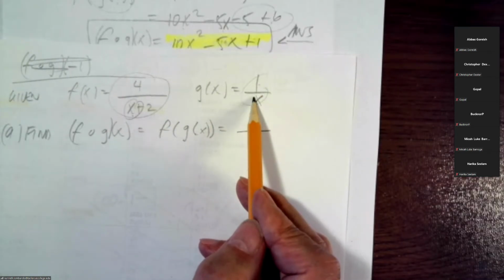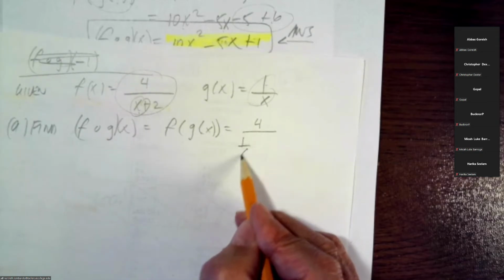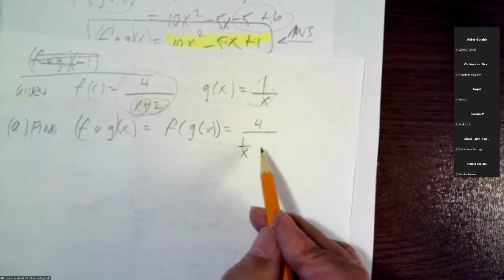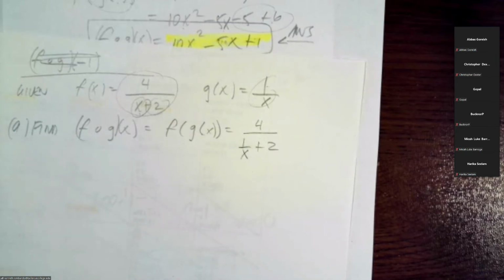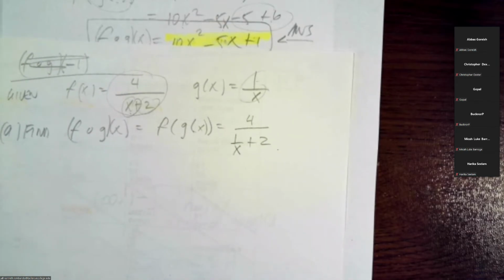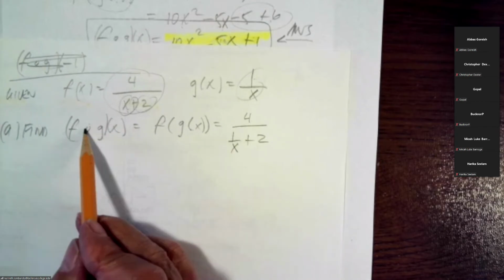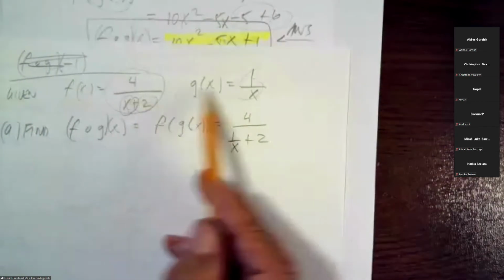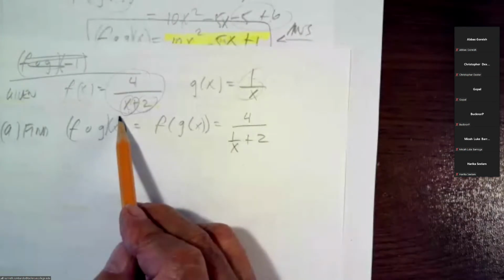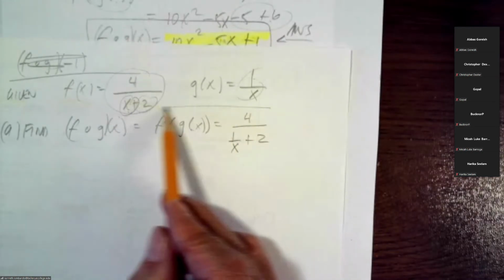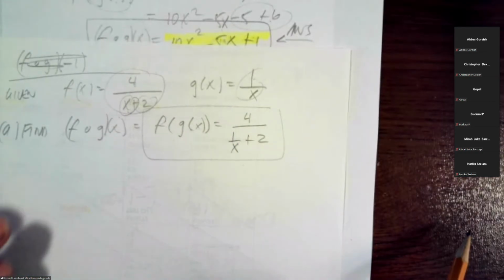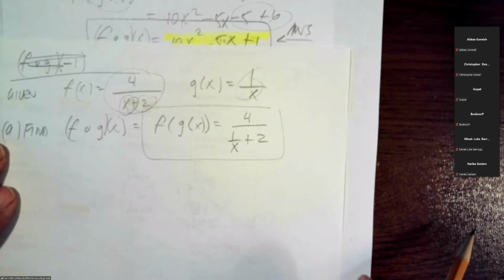And g of x is 1 over x, isn't it? So it's going to be 1 over x plus 2. All right, so that's the new material. That says we want to take f of g of x when we have quotients. And now we want to evaluate this. So let's see how good we are at doing that.